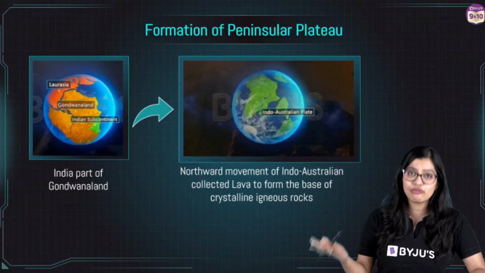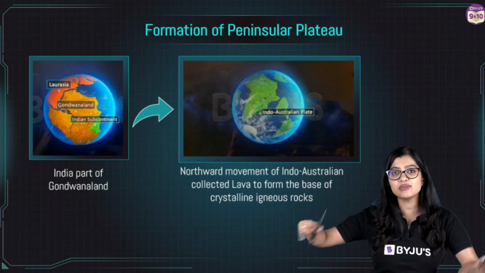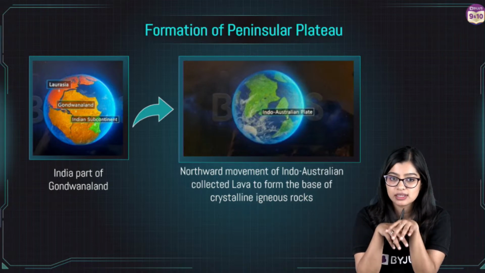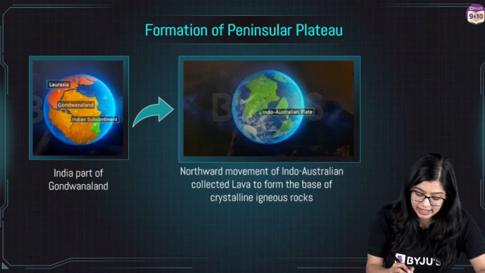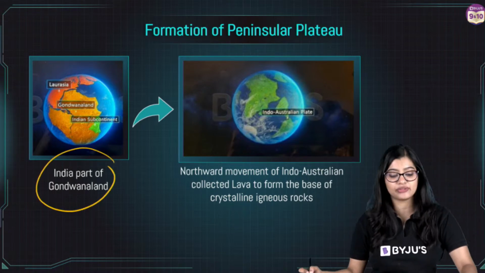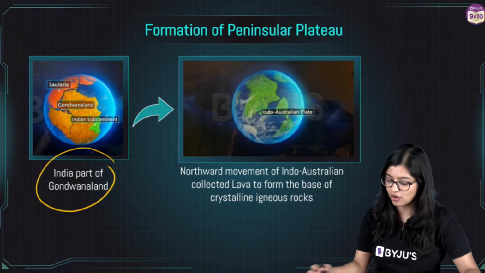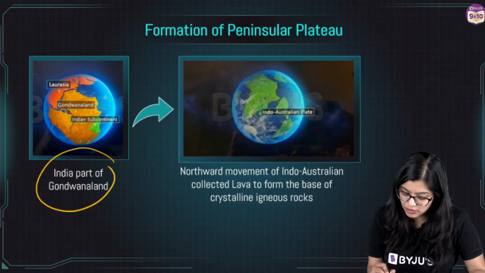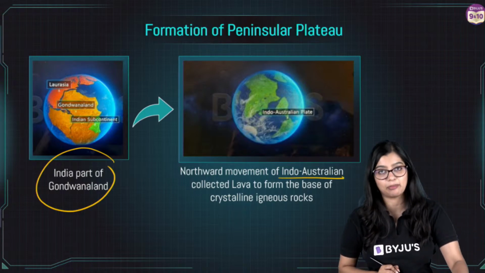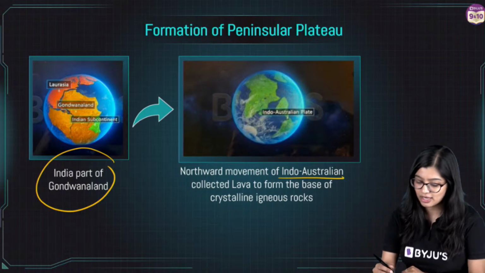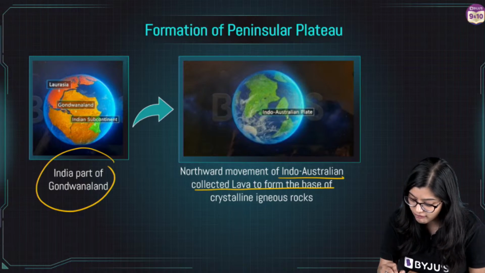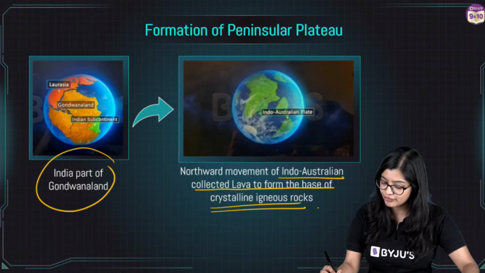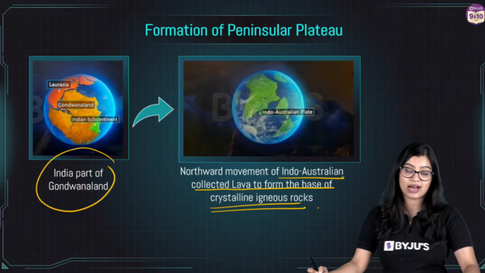Now, how did our plateau form? We saw that our mountains were formed when two plates collided, resulting in the folding process. But what about the plateau? We saw that India was part of Gondwanaland. When Gondwanaland broke down, there was movement of the Indo-Australian plate. As a result, over a period of time, there was collection of lava at the base.